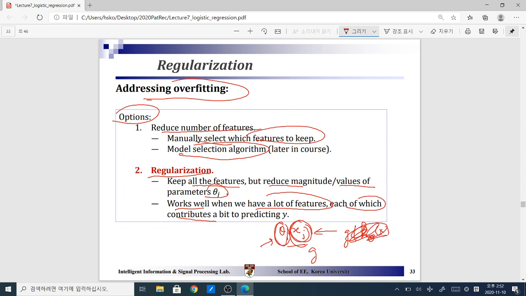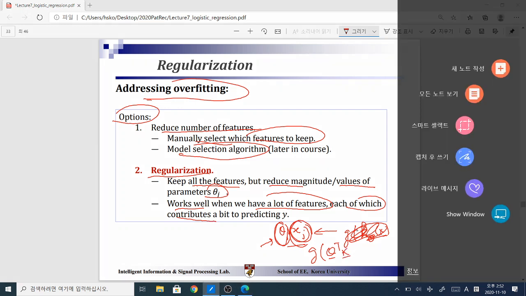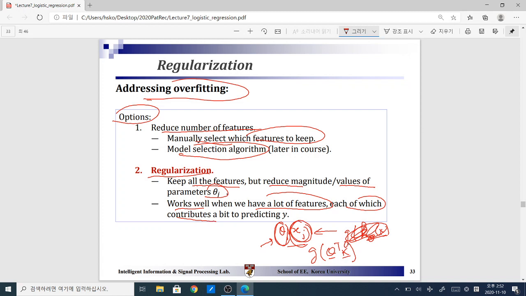Sorry, g of theta transpose x, right? Because this one here itself is the hypothesis function.